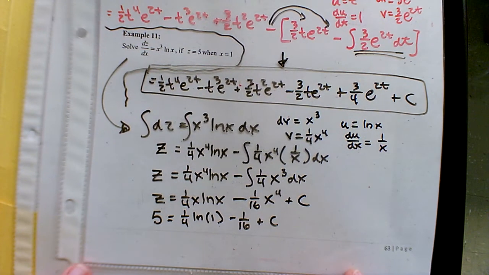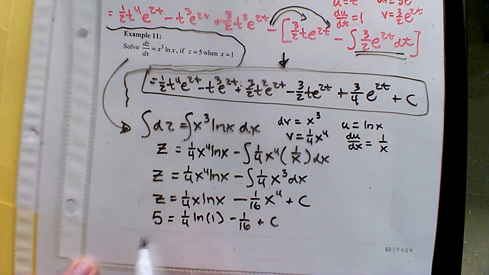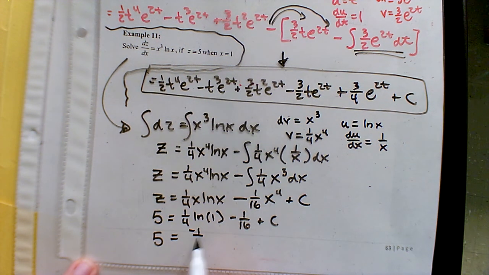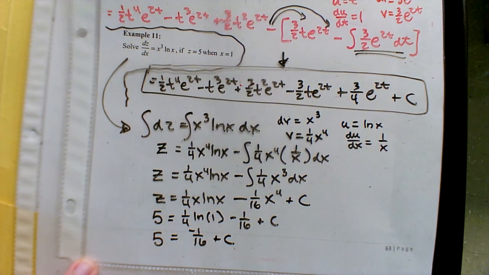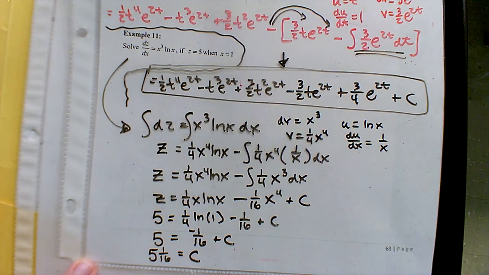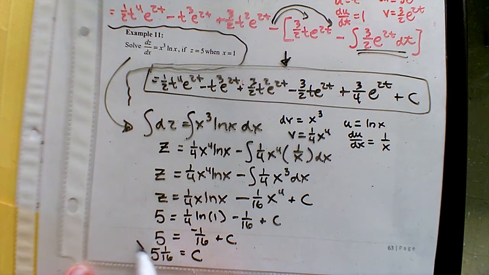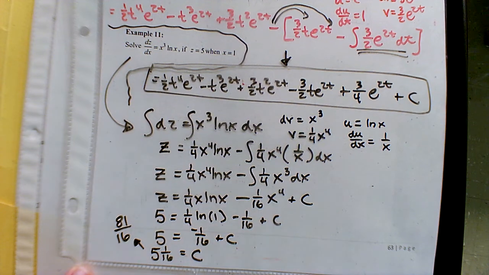Natural log of 1, 0. So we have to add over a 16th. 5, we'll write it as a mixed number. Okay, 5 and 1/16. For those of us that are improper fraction people, this would be 81/16.